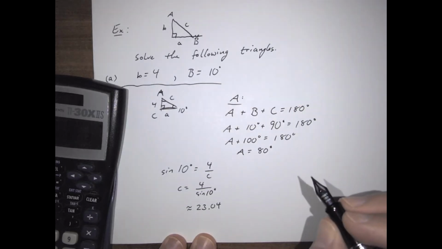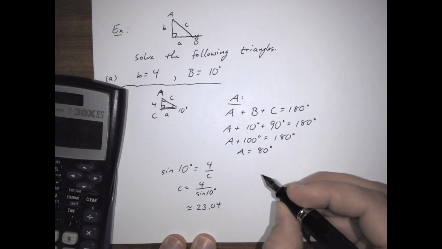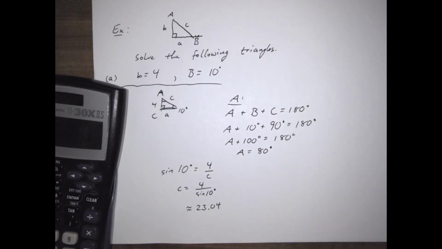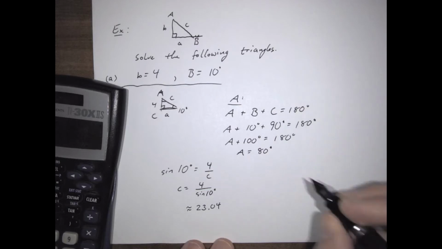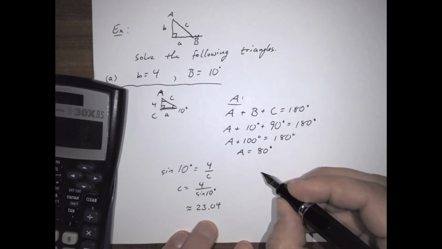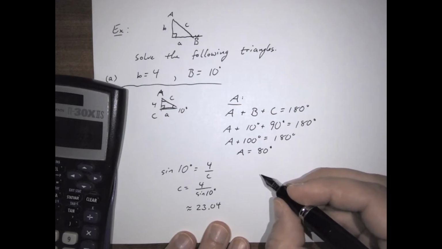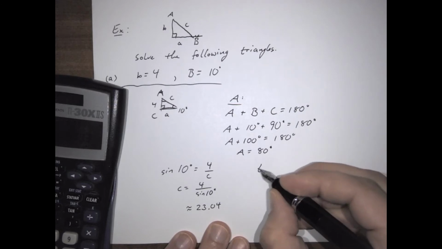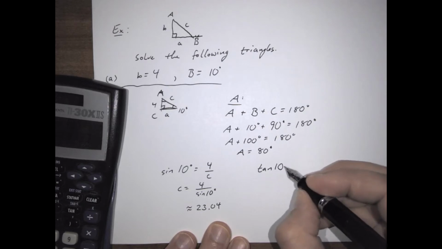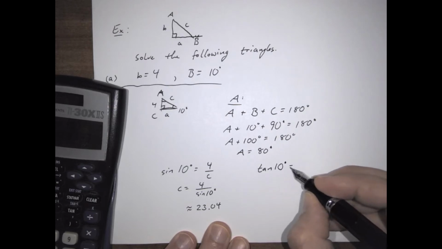All right, what else do we need? We need the side A. You can do this now a couple of different ways. You can use the Pythagorean theorem, or you can use another trigonometric function, your choice. My preference here will be to use a trigonometric function because I don't want to use a rounded value if I can help it. I'd rather use an exact value to produce my work. And so I will take the trig function that relates the 4 that I know and the missing piece that I want.